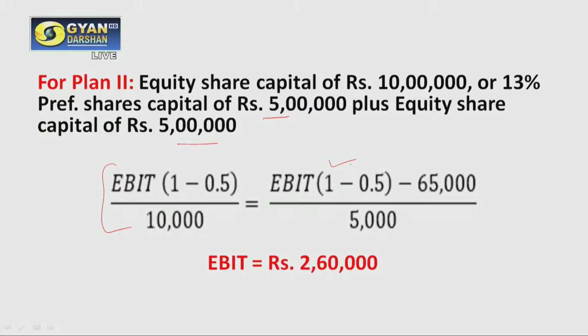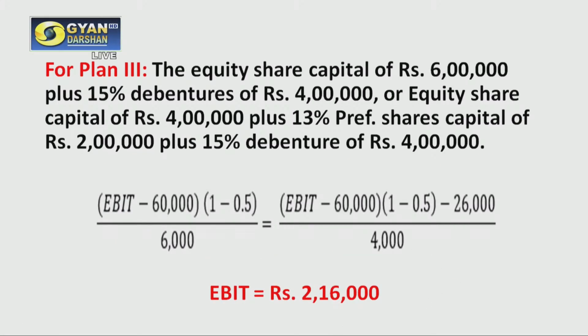So EBIT minus this tax amount, and after this we have to deduct the preference dividend, which is 65,000. How have we calculated 65,000? It is 13% of 5 lakh, because we have 13% preference shares here. Again, by solving this equation, we calculate the missing value, which is EBIT, and the EBIT is 2,60,000 in this case.